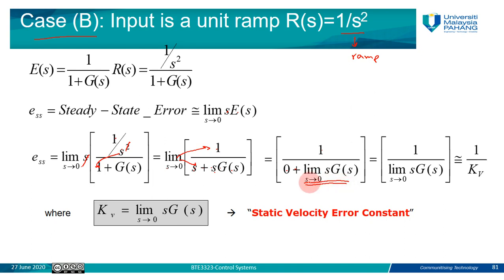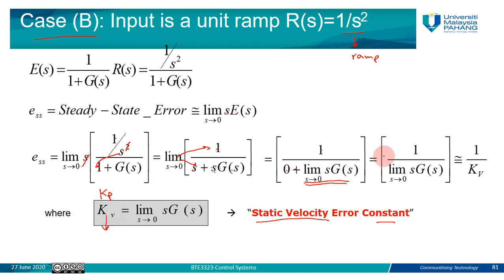So this is the second constant that we mentioned before. We said we have 3 constants. The first one, we call it the position constant, and here we call it the static velocity error constant, which we call Kv. The previous one was Kp, related to position, here related to the velocity.